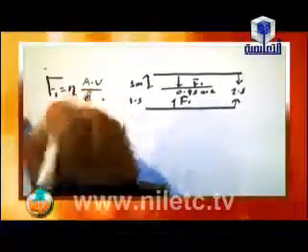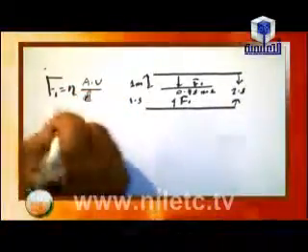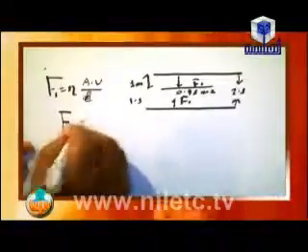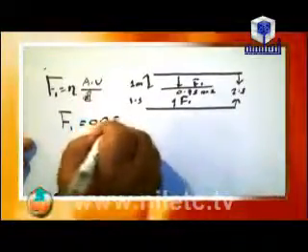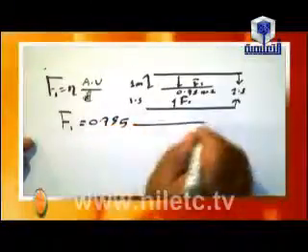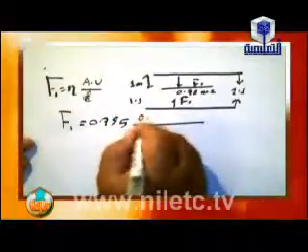Over D. Then F1 equals eta times 0.785 times 0.75. This is the velocity.